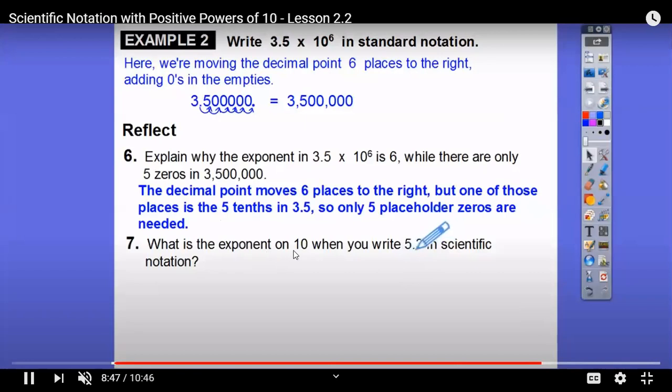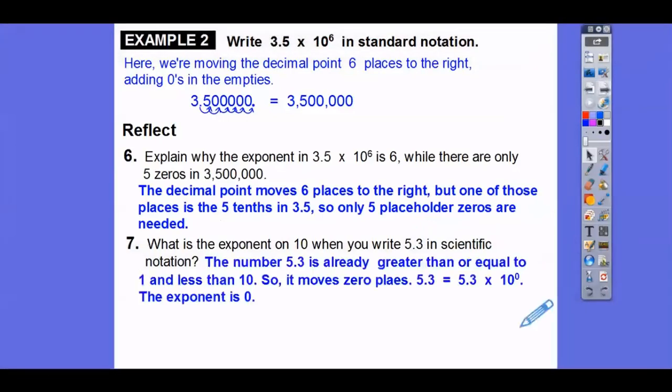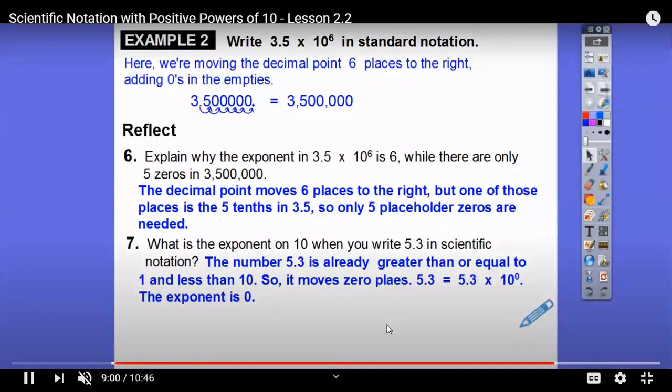What is the exponent on 10 when you write 5.3 in scientific notation? Who will answer this question? If I want to write 5.3 in scientific notation, this one already satisfies the conditions we need.